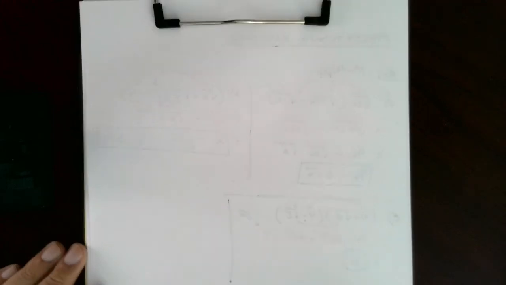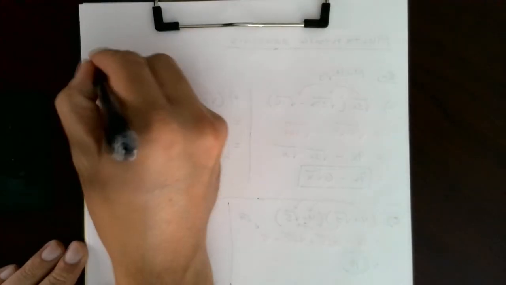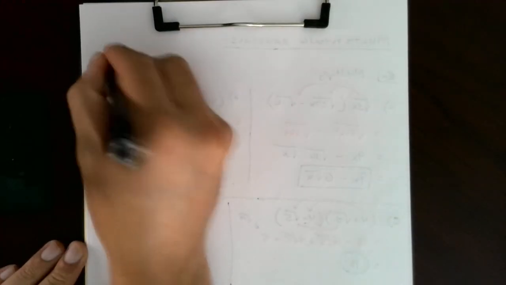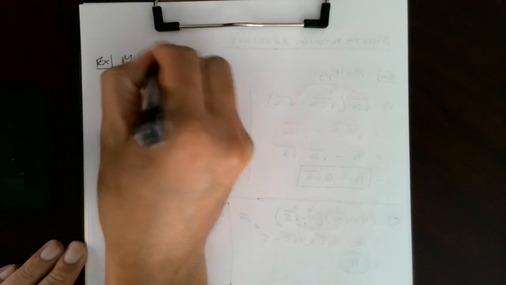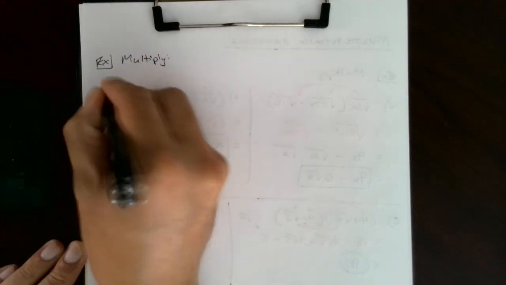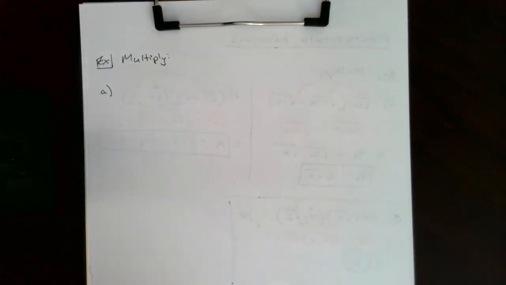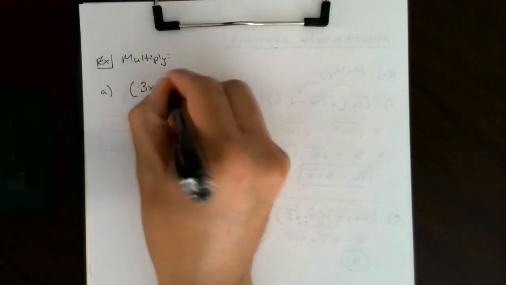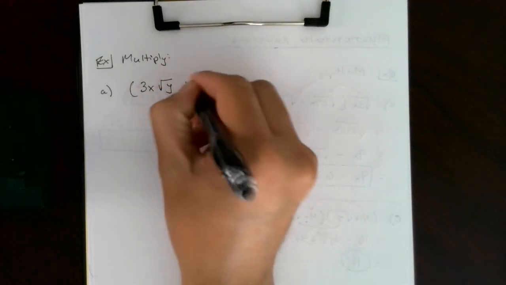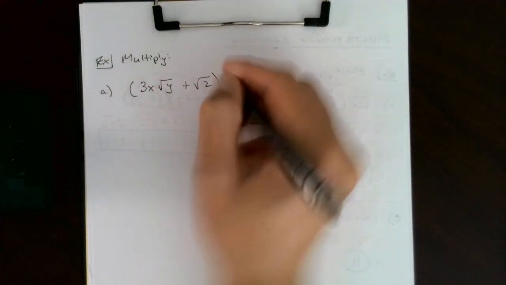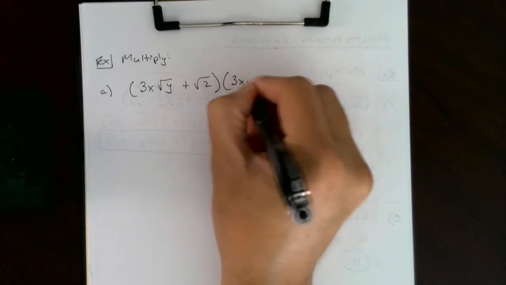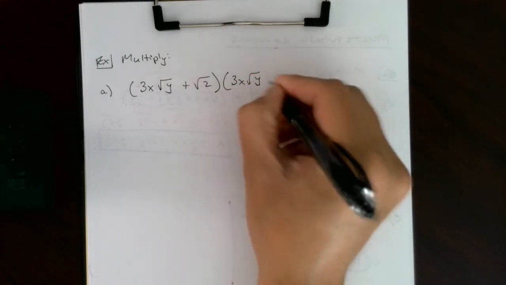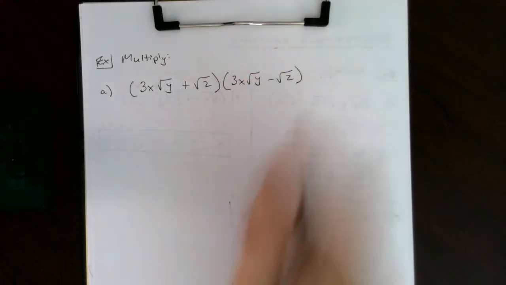So if I said, for example, multiply, again it could say perform an indicated operation, and I said I had 3x square root y plus square root of 2 times 3x square root y minus square root of 2.